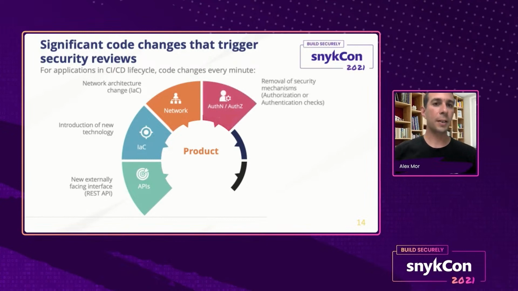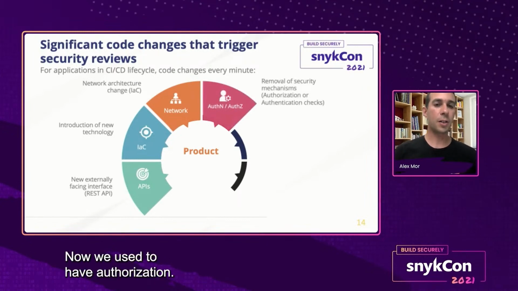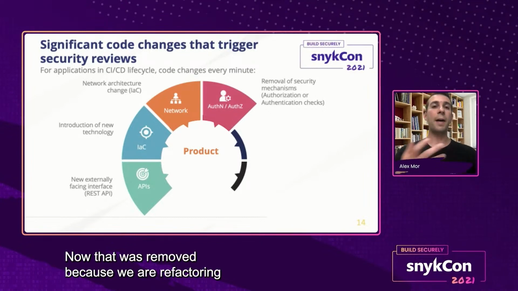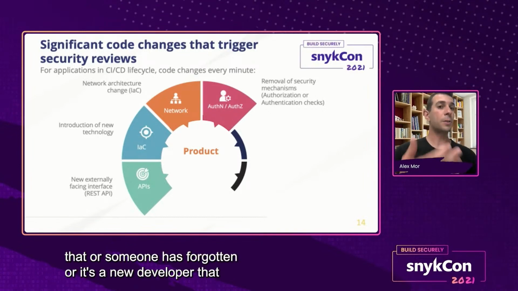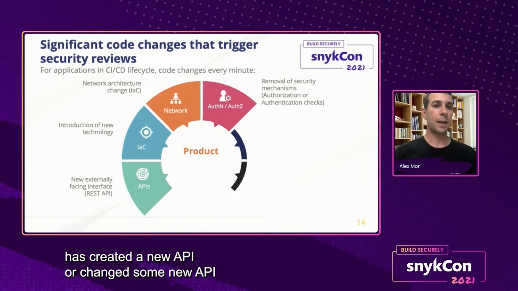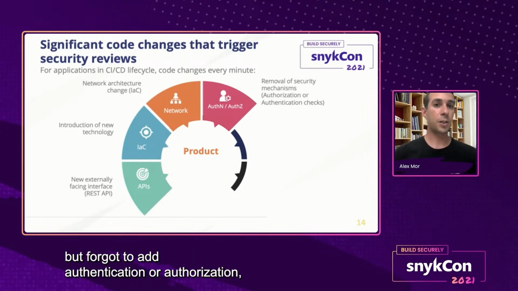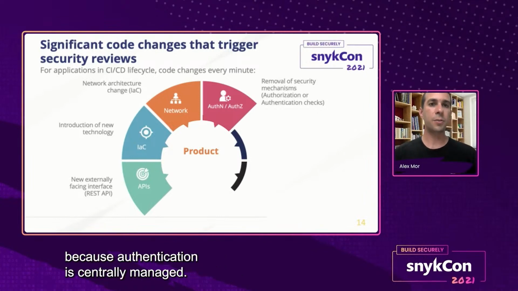We remove some authentication or some endpoint. Now, we used to have authorization. Now that was removed because we are refactoring that, or someone has forgotten, or it's a new developer that has created a new API or changed some API, but forgot to add authentication or authorization, because authentication is centrally managed.